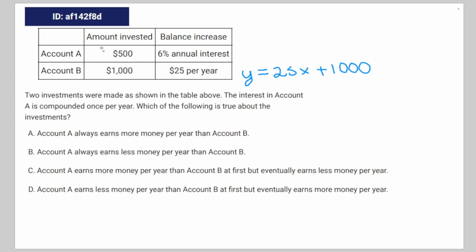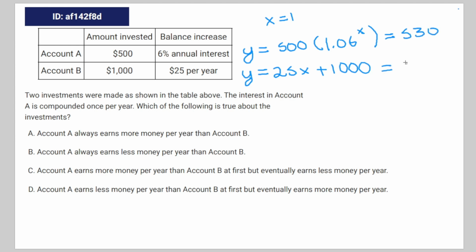Anyways, the top account is a little more complicated. Really, it's kind of simple though. That's going to be 500. Since it's annual interest, it's going to compound each year. So that's going to be 1.06 to the power of x. Now let's say x was equal to 1. The top function would be equal to 530.